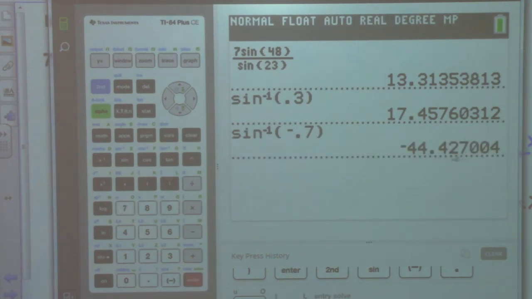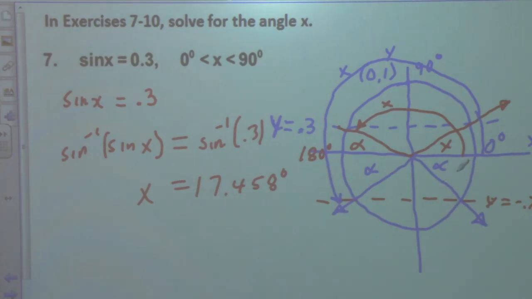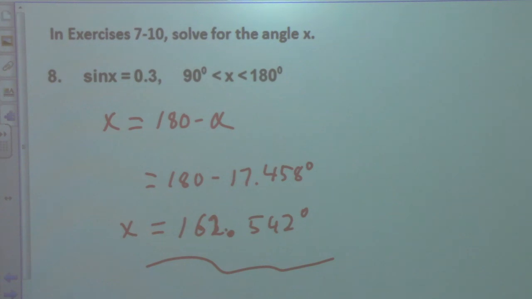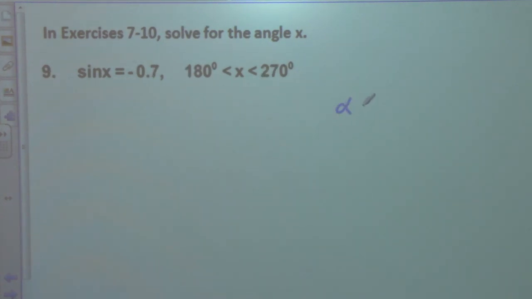So we get negative 44.427. Well, what's this angle here going to be? Same thing? Well, alpha is going to be 44.427.